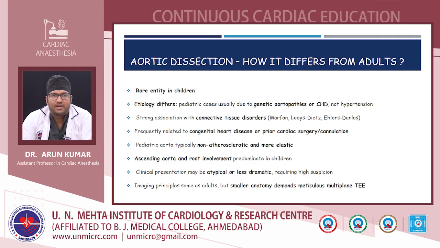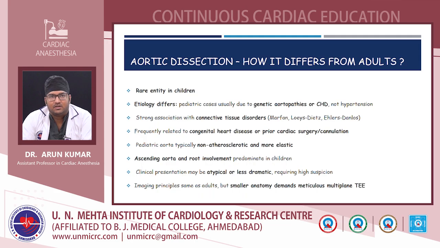In pediatrics, aortic dissection has a strong association with connective tissue disorders like Marfan, Loeys-Dietz, and Ehlers-Danlos, and is frequently related to congenital heart disease or prior cardiac surgery and cannulation. The pediatric aorta is typically non-atherosclerotic and more elastic, and ascending aorta and root involvement is more predominant in children. Clinical presentation is very atypical and less dramatic, requiring high suspicion.